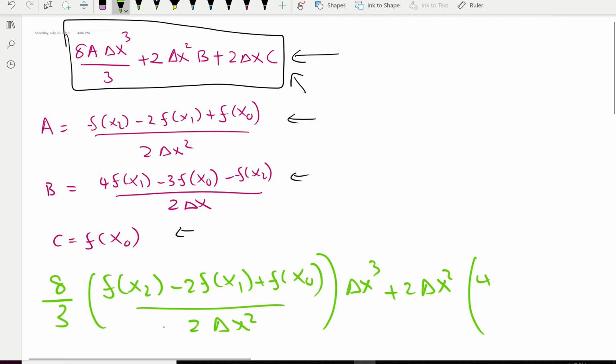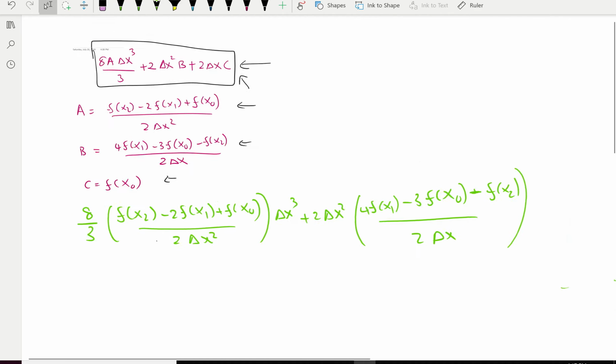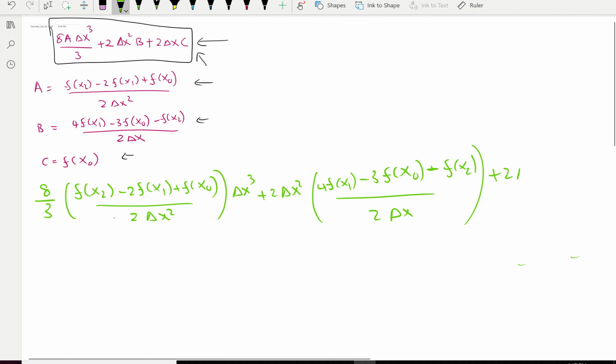B is 4f(x1), let's make some space, minus 3f(x0) minus f(x2) divided by 2 delta x, so that's B, and 2 delta x. C is this, yes, that's f(x0).